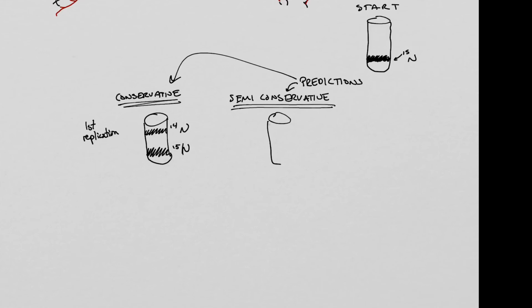So in our test tube, we should see a line in the middle because the DNA has nitrogen 14 and nitrogen 15 in it. Okay, so notice when I drew this, I made sure to draw it in between where the nitrogen 14 and the 15 lines were.